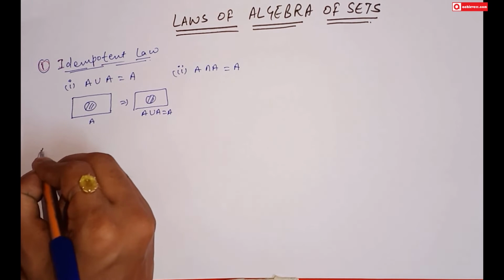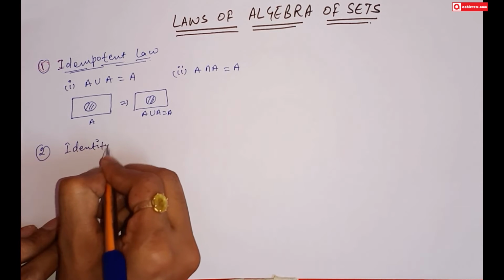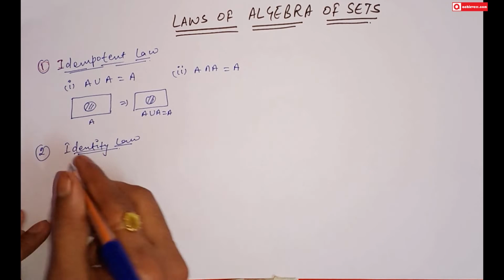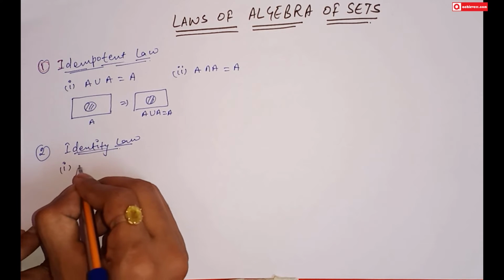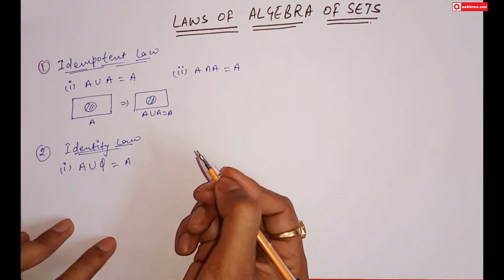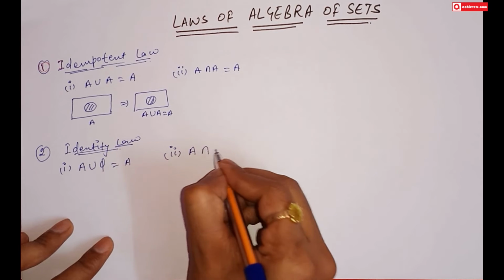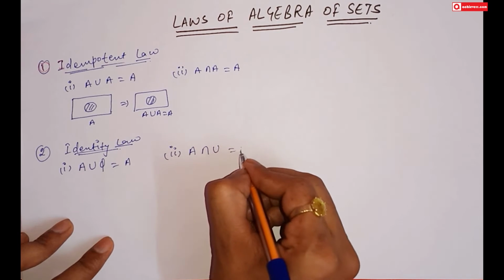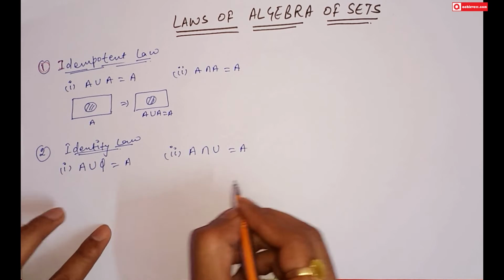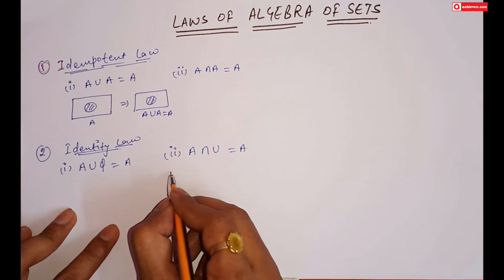So what is the second? The second law is the identity law. The identity law is defined as: the union of A with phi is always equal to A, and the intersection of A with the universal set will always be equal to A. So how can we prove this? I will prove the intersection with the universal set; you can prove the phi one on your own.